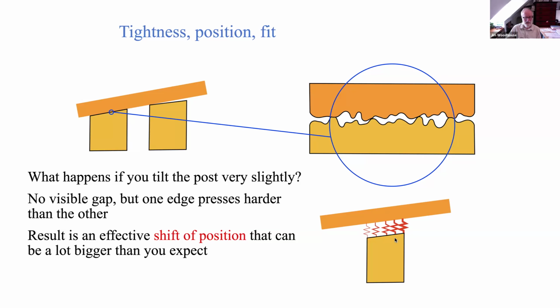So instead of being 1/4 of a millimeter, you might have shifted the effective position by 3 millimeters. Or, as you tilt from one side to the other, you could go across the full diameter of the post. So small differences in tilt create effective shifts much bigger than the one you can see when you peer in through the hole.